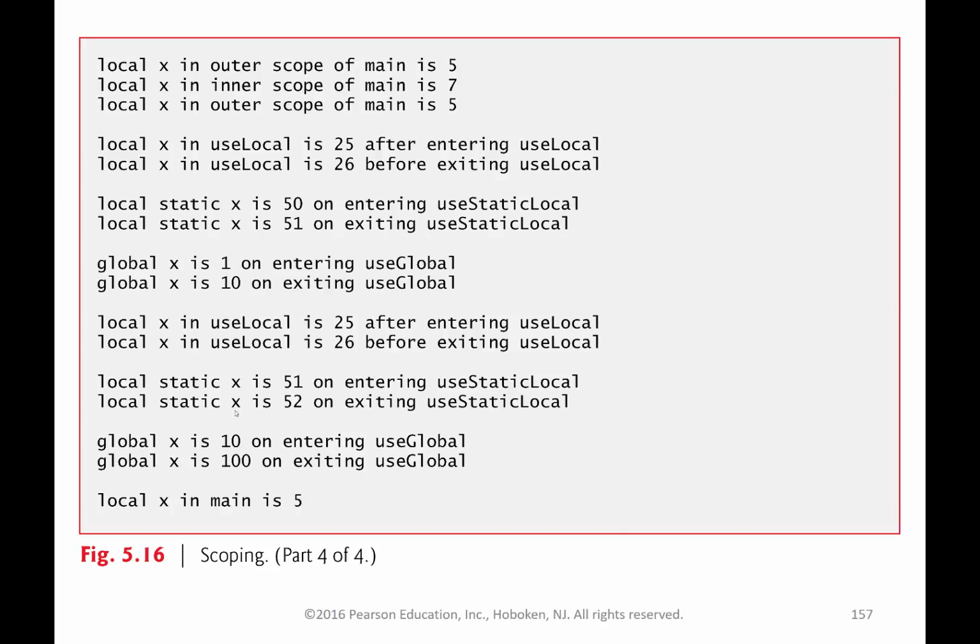But in use static local, the first time I called it, it was 50, and I incremented it to 51. The second time I called it, it's now equal to 51, and it goes to 52. And then use global, it's equal to 10, and then it's equal to 100, because global variables are always static.